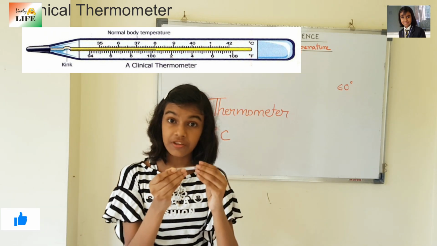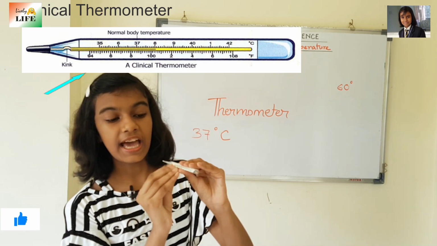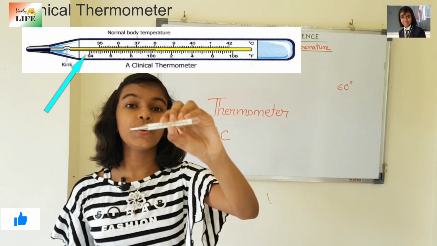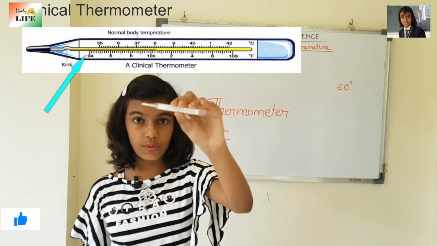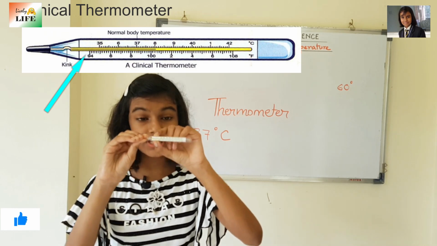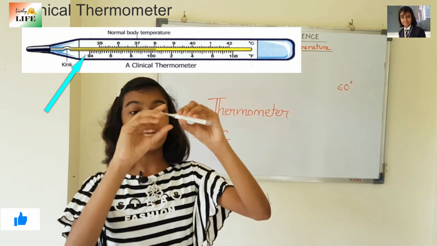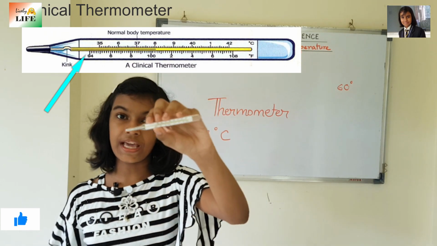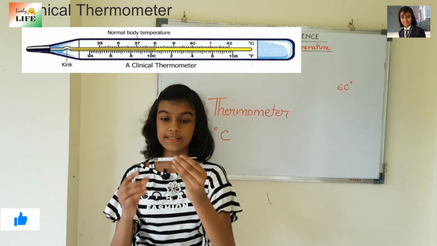And in Fahrenheit, it is 94 degrees Fahrenheit to 108 degrees Fahrenheit. Okay. In Celsius, it is 35 degrees Celsius to 42 degrees Celsius, and in Fahrenheit it is 94 degrees Fahrenheit to 108 degrees Fahrenheit. Okay, this is very important.